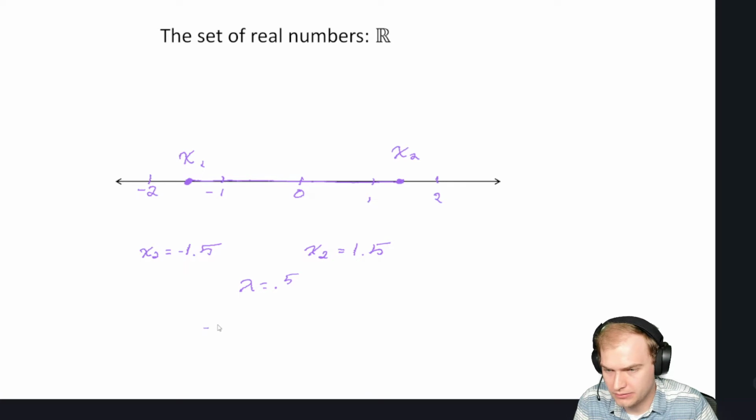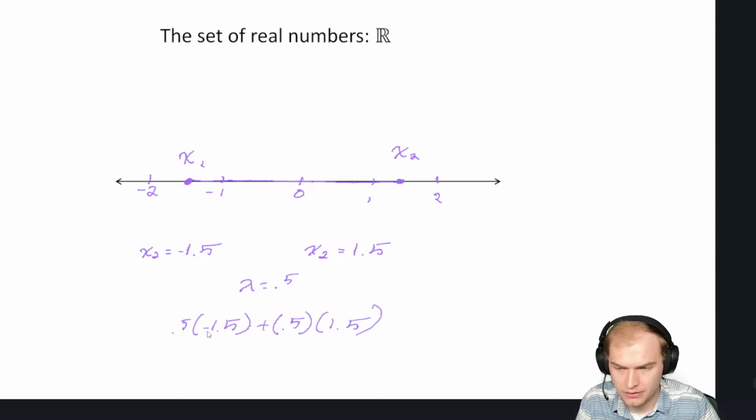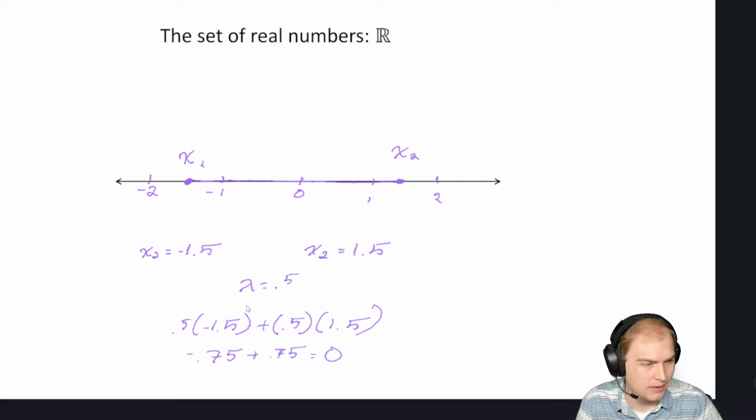So that's going to be 0.5 times -1.5 plus 0.5 times 1.5 is -0.75 plus 0.75 is 0. And you'll find that if you exchange the lambda for any other point between 0 and 1, you'll come up with another real number on this sort of line between x1 and x2.